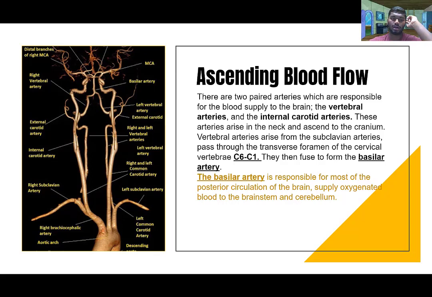However, in clinical studies, only 30% of people actually have a complete circle of Willis. So it's something very interesting to notice. A lot of people have an absent PCOM, or an ACOM that's completely gone. So there's a lot of variation in 70% of people. Something that's interesting to know.